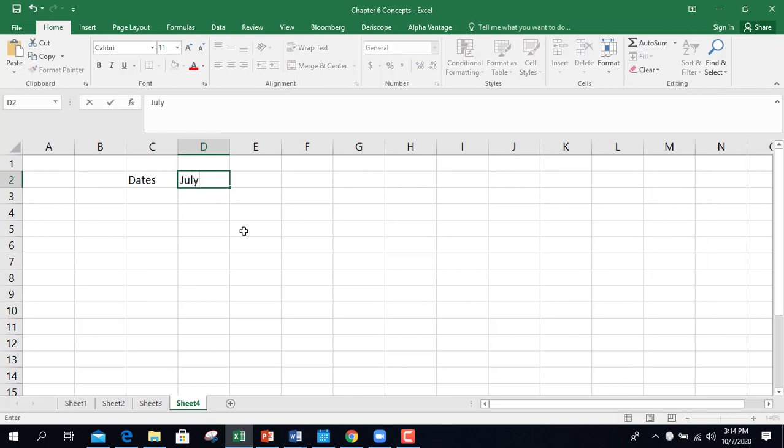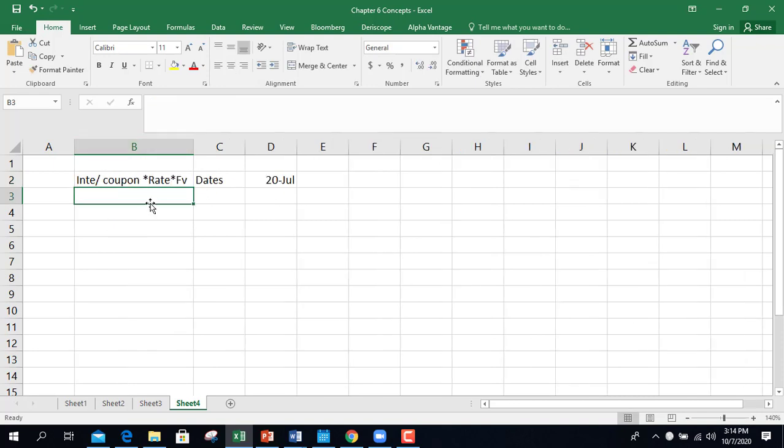That is the numerator. The numerator is always the interest period divided by the total coupon period. So the formula is interest period divided by coupon period, into interest rate, into face value.